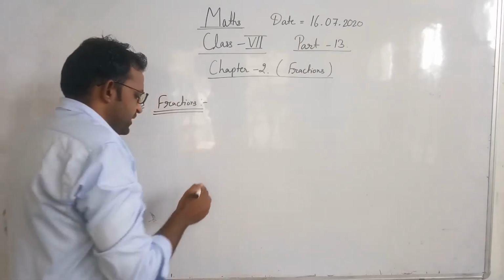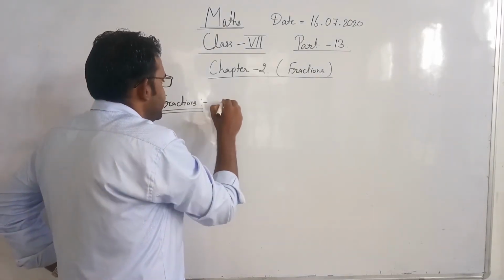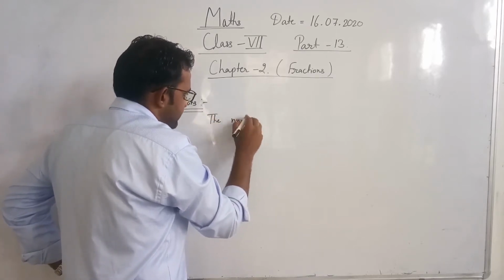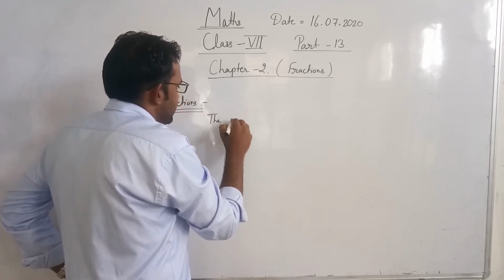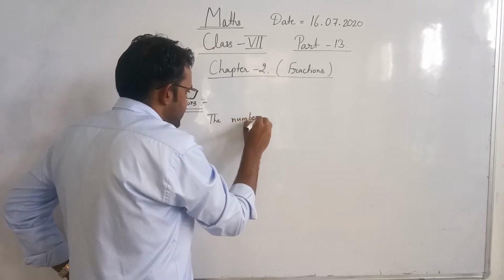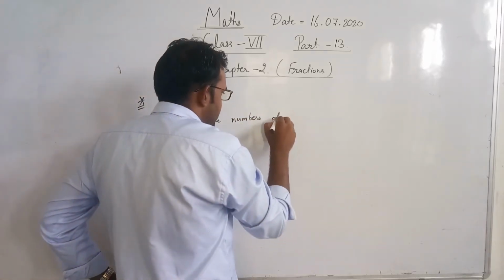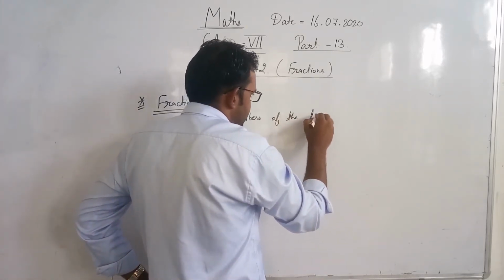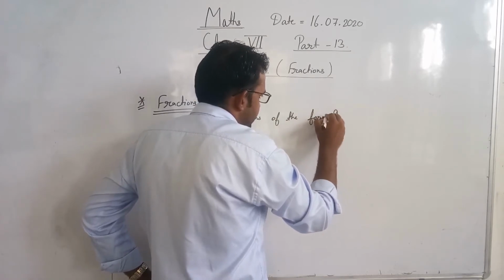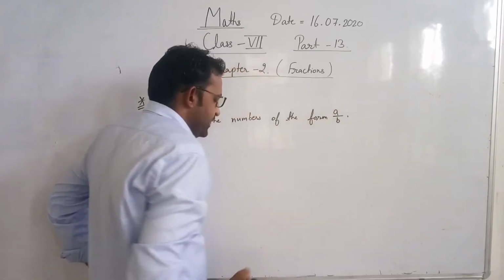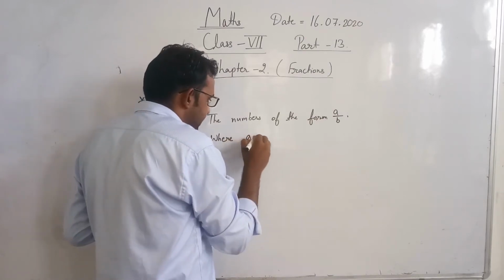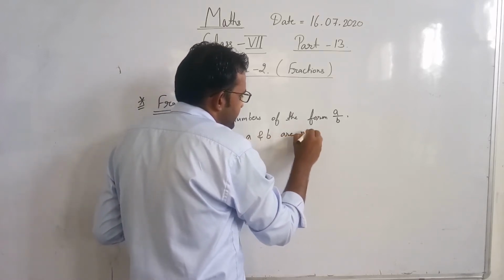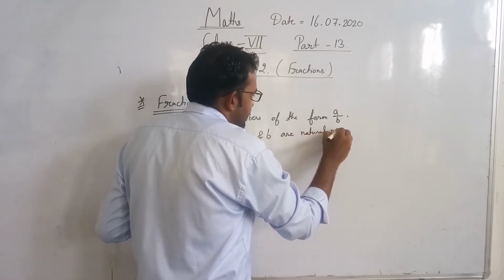A fraction is a number of the form A upon B, where A and B are natural numbers.